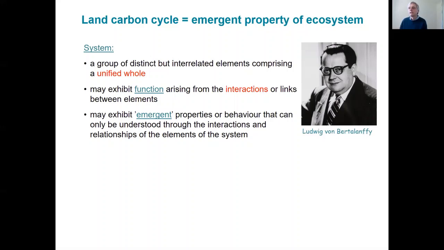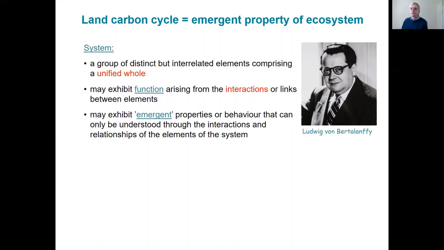And those elements have linkages between them, interactions, or very often flows of something, flows of carbon if we're talking about the carbon cycle, flows of water if we're talking about the hydrological cycle, flows of capital if we're talking about global trade systems, for example.